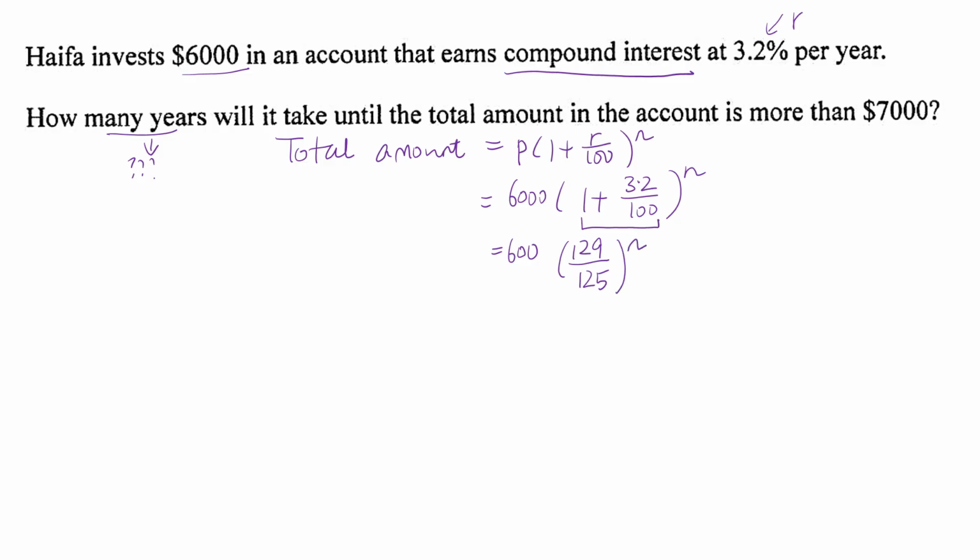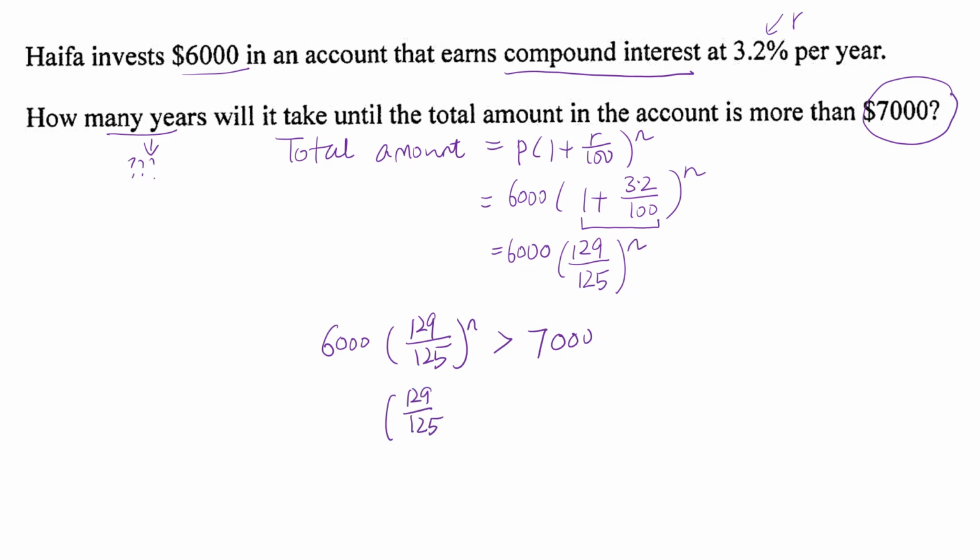So this total amount, we want it to be more than 7,000. We're going to divide both sides by 6,000.